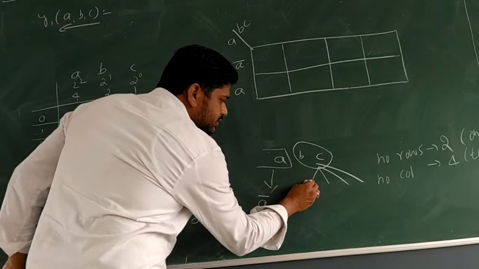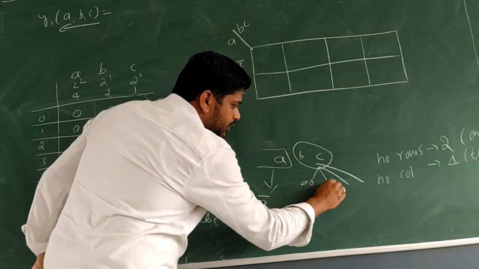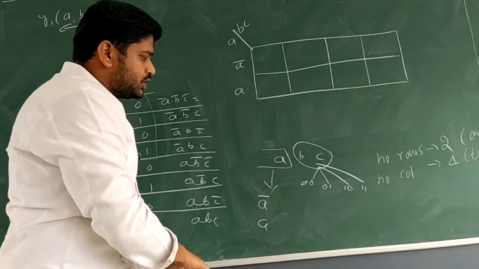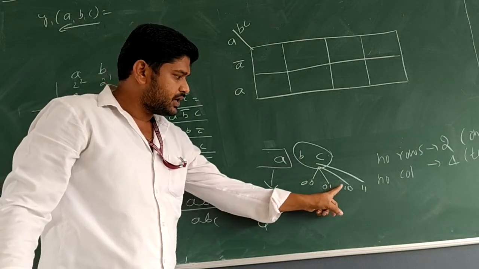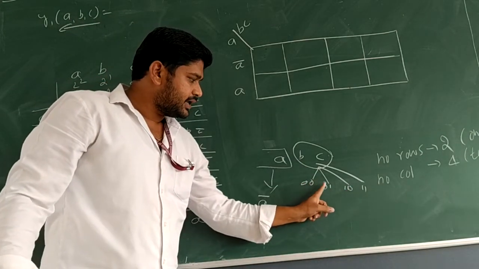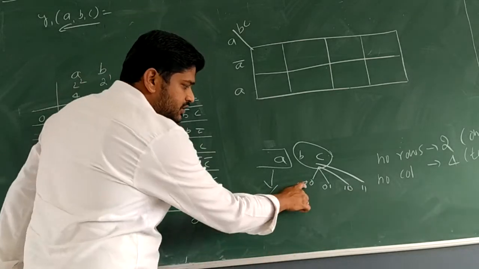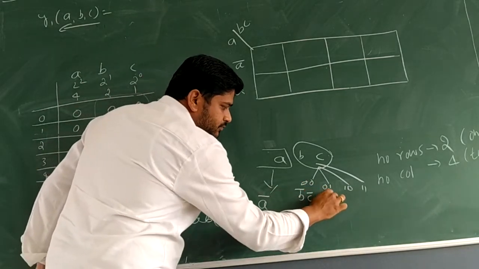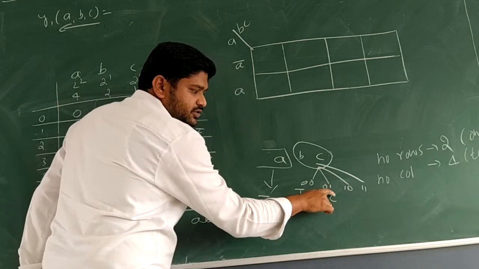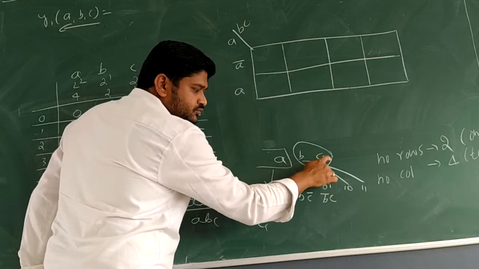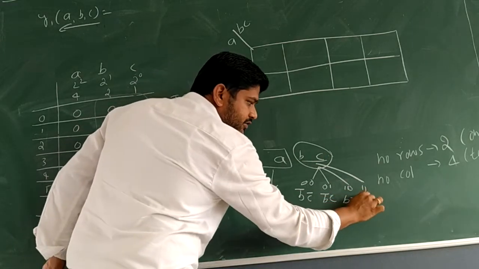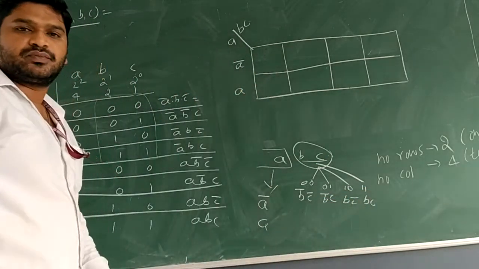So here I will write 0, 0, 0, 1, 1, 1, 0 and 1, 1. The first element is B in every tuple and the second element is C. Hence we write B complement C complement; B complement C because there is a 1 in the C position; third is B with C complement; next one is B with C.